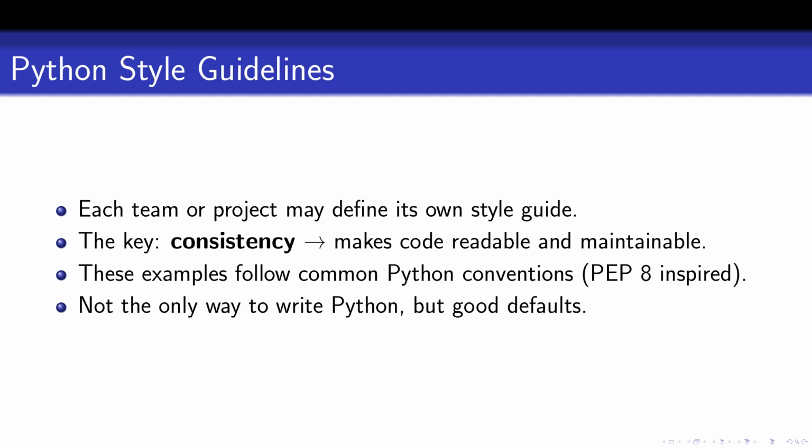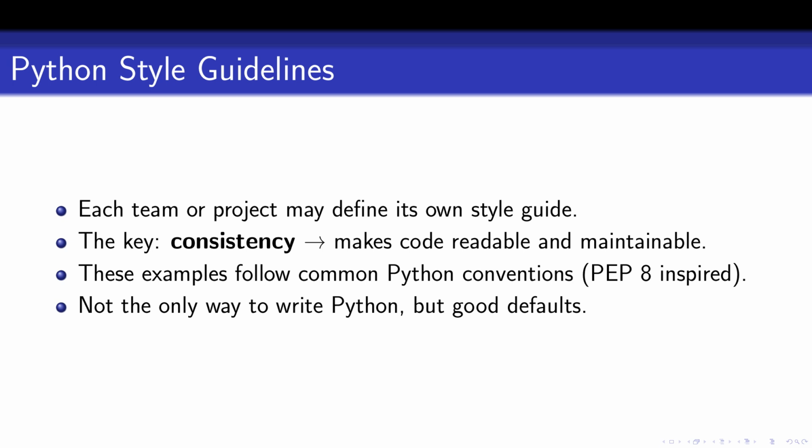Finally, let's step back and consider Python style guidelines as a whole. Different teams and projects may have their own rules, but the key idea is consistency. Code that follows a consistent style is easier to read, easier to maintain, and more professional. In Python, many of these guidelines are inspired by PEP 8, the community's standard style guide. Following these conventions doesn't change how the program runs, but has a big impact on readability and collaboration.